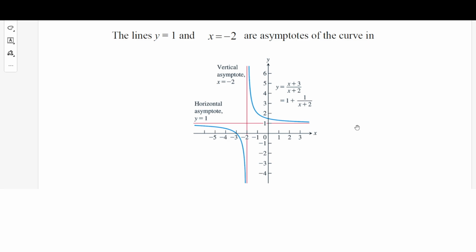So plotting the graph would be very easy if you can find the vertical asymptote and horizontal asymptote, which is not always possible, but whenever it's possible, it would be easy. And one way to find that vertical and horizontal asymptote is finding the limit at infinity, or when the graph approaches infinity as x approaches some finite value.